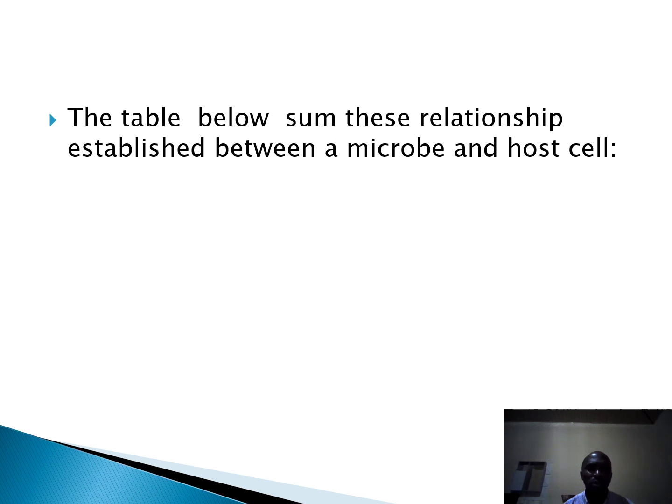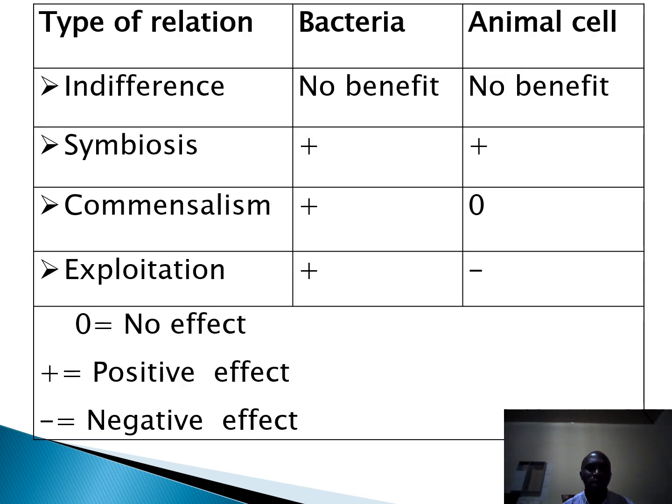The table below sums up the relationship established between a microorganism and a host cell. Type of relationship: bacteria, then animal cell. Indifference means there is no benefit on the bacteria and no benefit on the animal cell. Symbiosis: positive effect for bacteria and positive effect for animal cell.